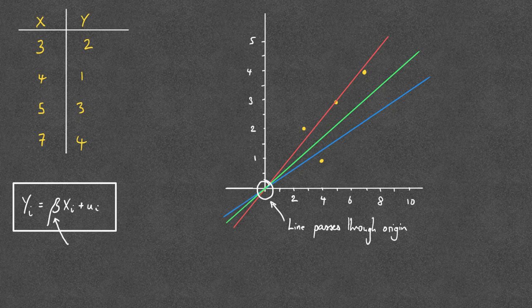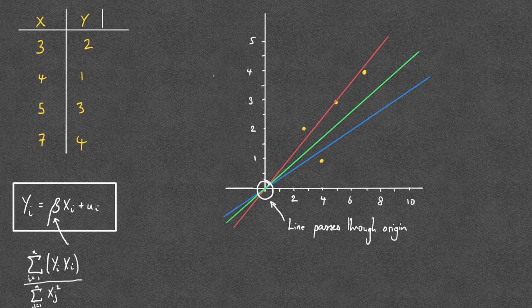Well, what we're going to do is use the OLS estimator. The OLS estimator looks at the sum from i equal to 1 to n, where n is the total number of observations, of the product of y and x, divided through by the sum of the x squareds.